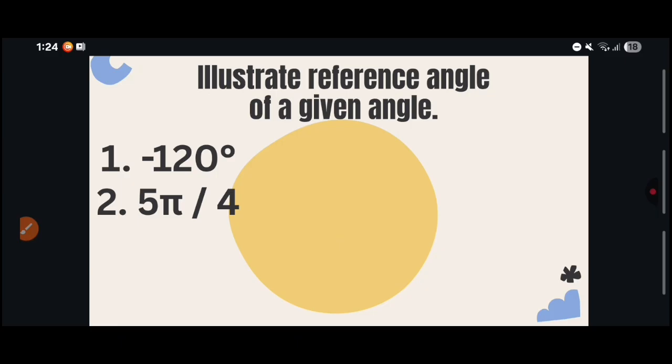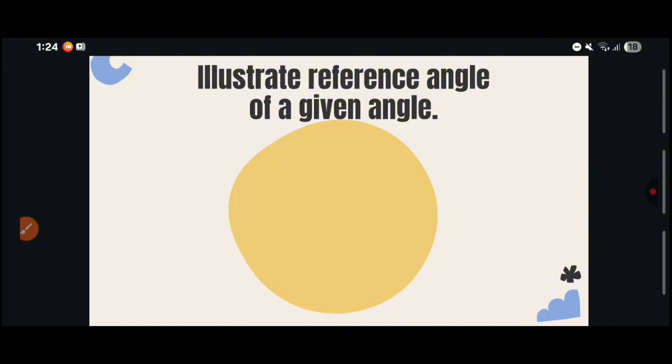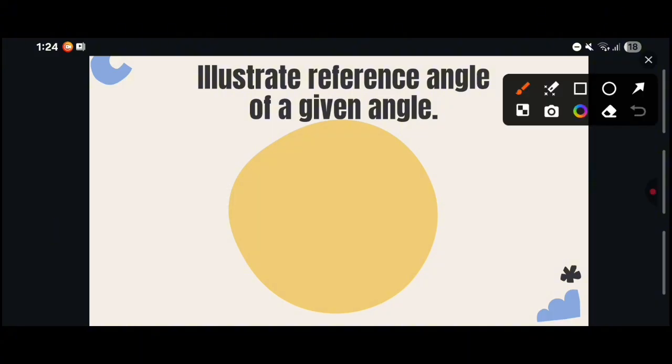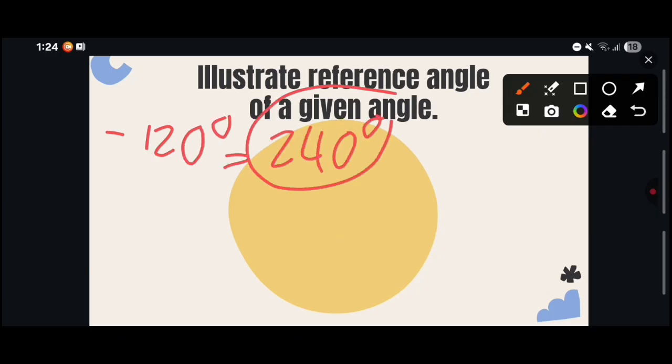We have here number 1, negative 120 degrees and 5 pi over 4. Let's solve first the negative 120 degrees. Remember that earlier we found that the coterminal angle of negative 120 degrees is 240 degrees. We will use the 240 degrees because it's easier to work with positive angles when finding reference angles.